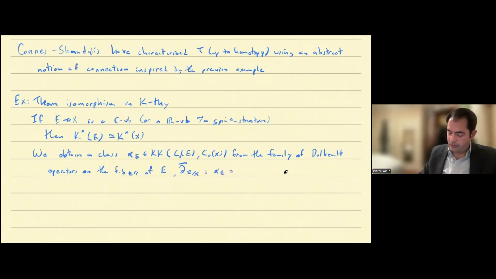And so this class is, you would take the L2 sections of E on the fibers, with multiplication by functions, and then it is the class corresponding to this, but of course, the corresponding family of Dirac type operators, so d-bar plus d-bar star.